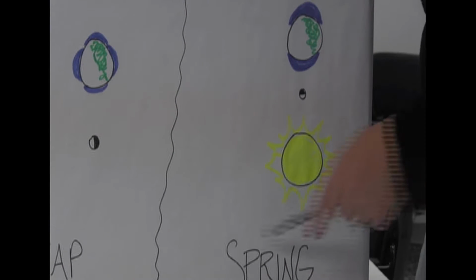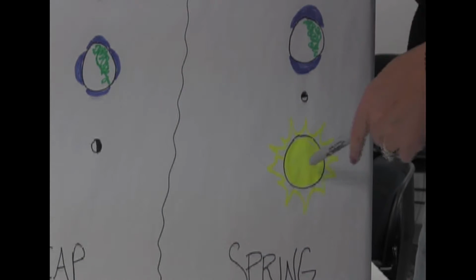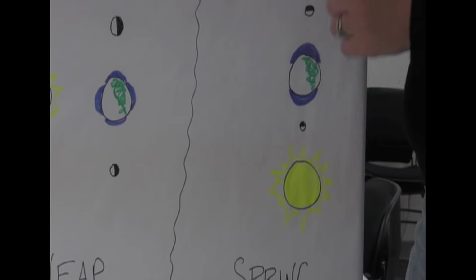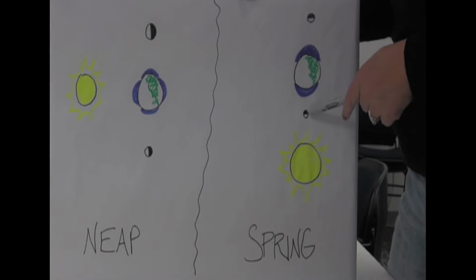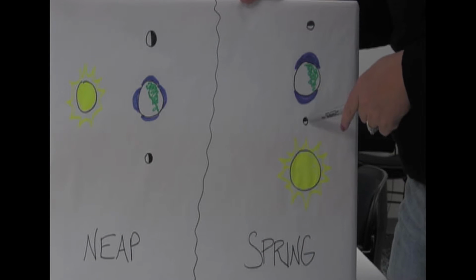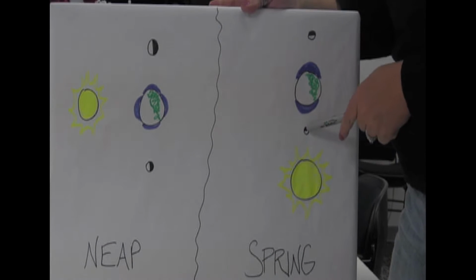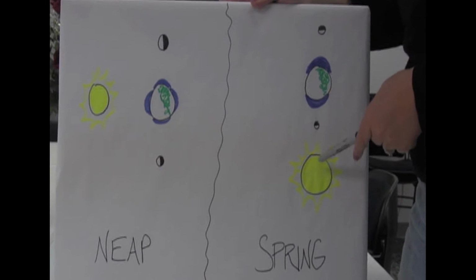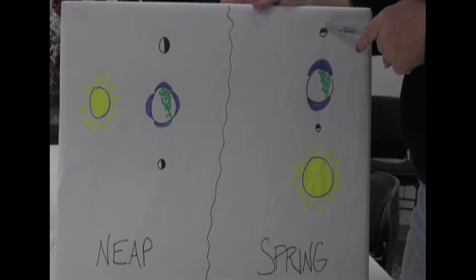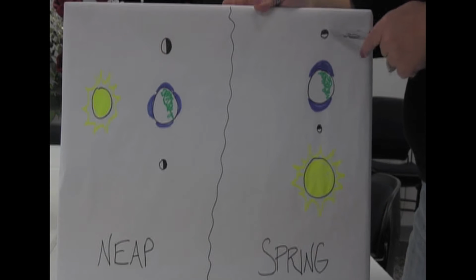But what happens with the spring tide is you have the Sun, the Moon, and the Earth all in straight lines with each other. So you get spring tides when you either have a new moon, when the moon is between the Earth and the Sun, so you don't see the moon, or when you have a full moon, when the Sun, the Earth, and the moon are lined up, and you see the full side of the moon lit up.